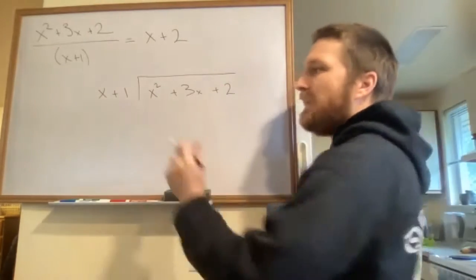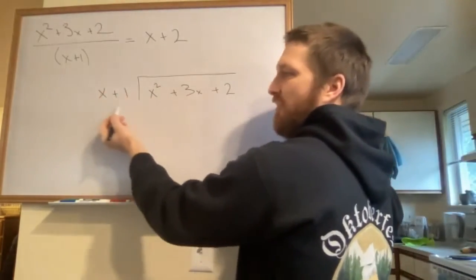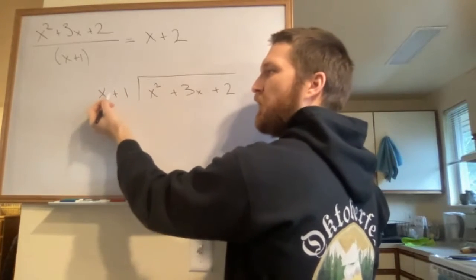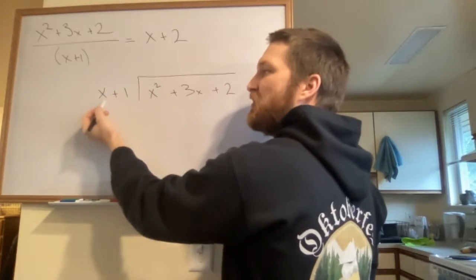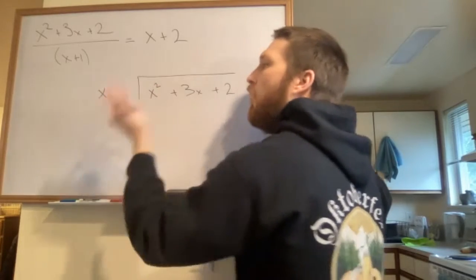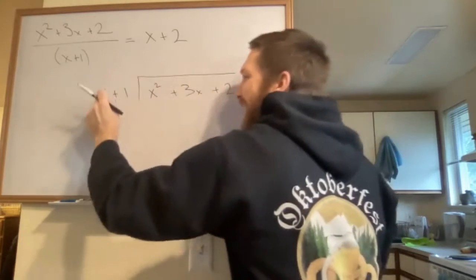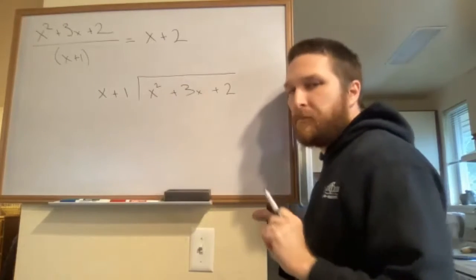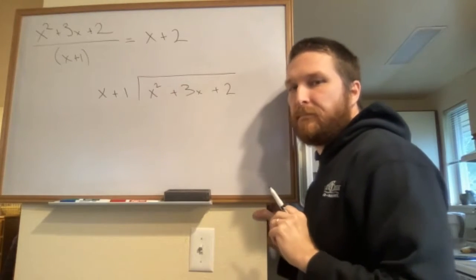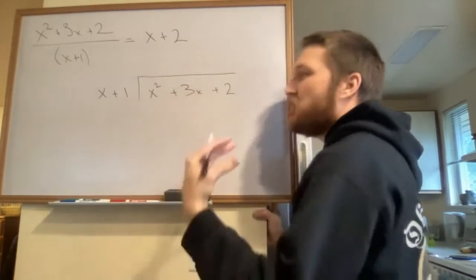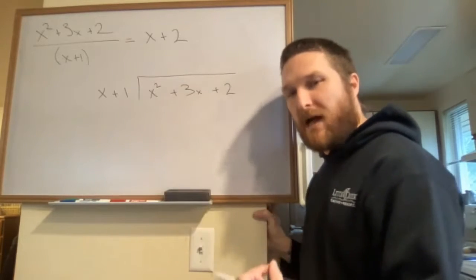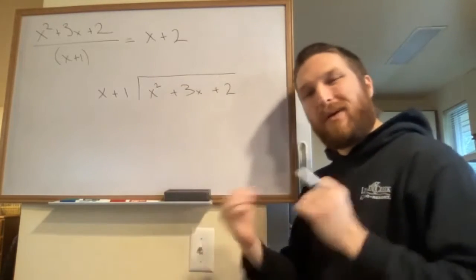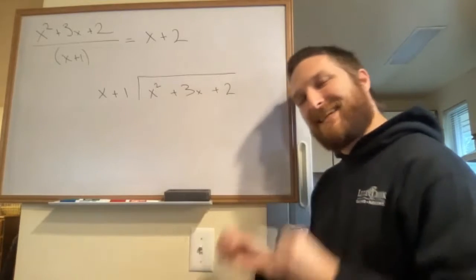And now, instead of looking at this entire thing here, all we're going to do is just look at the first term. In this case, it's just an x. So what times x gives me an x squared? X. Just x. Right? So it's the same exact question that we were asking when we were doing long division. When it was 804, we said, what number do I multiply 4 by to give me 800?